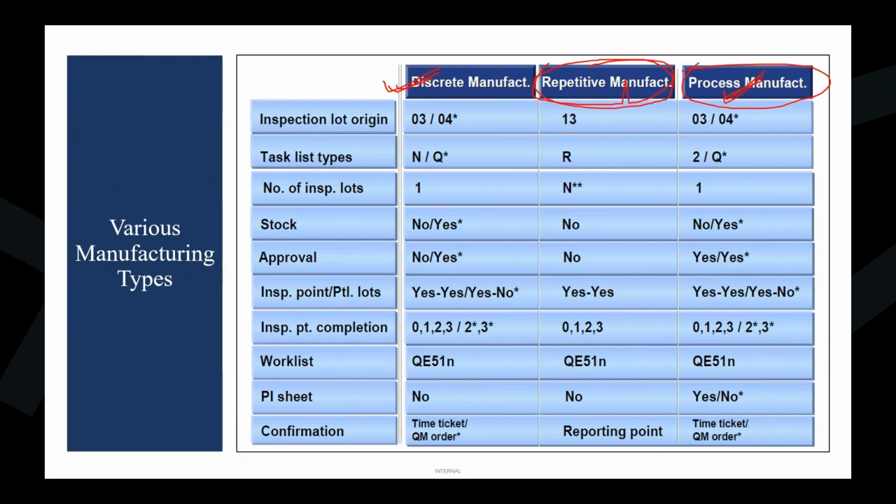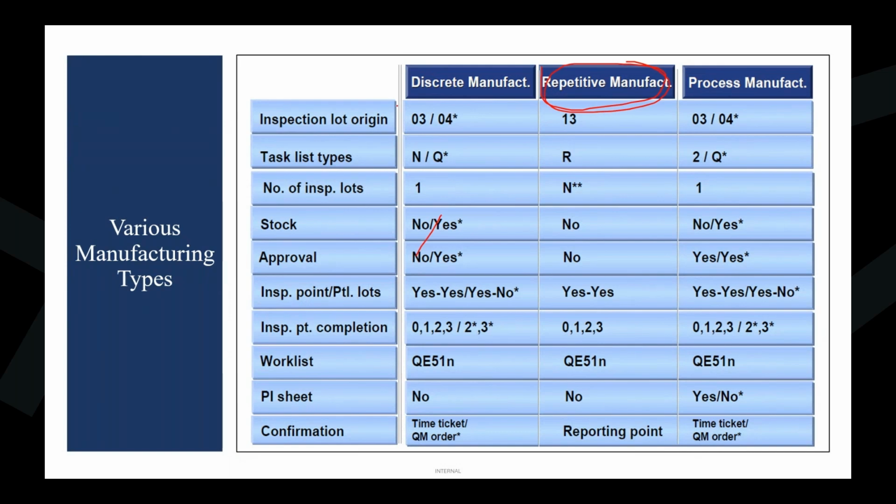Okay, you don't have different products. So those kind of industries, they go for repetitive manufacturing. Another example could be cement manufacturing industry. So same cement they will manufacture continuously. Okay, so those kind of industries, they will use this repetitive manufacturing function.